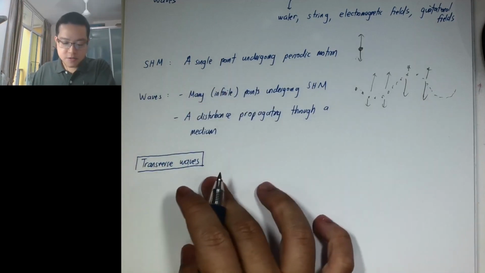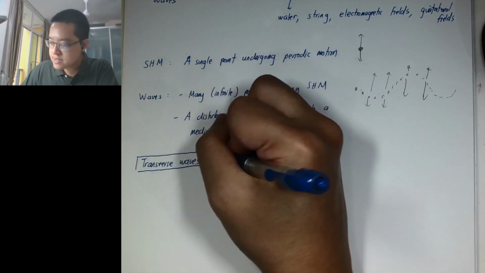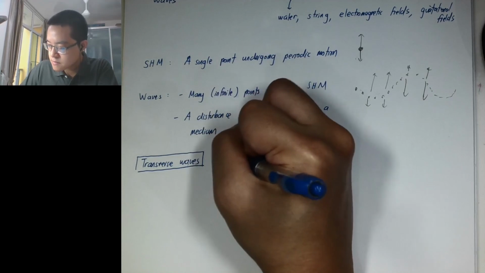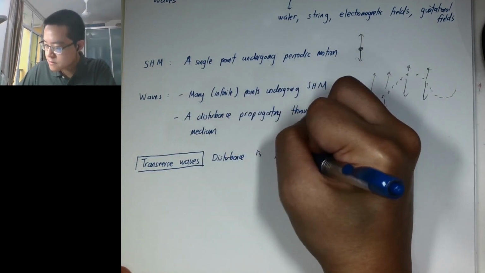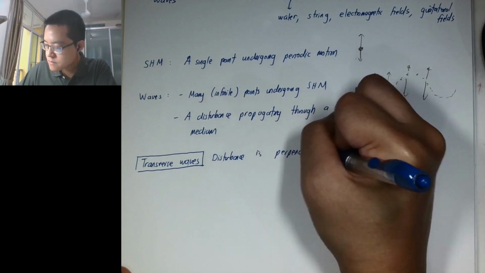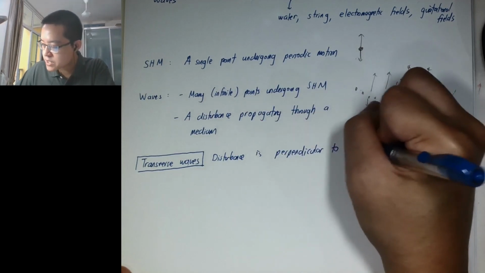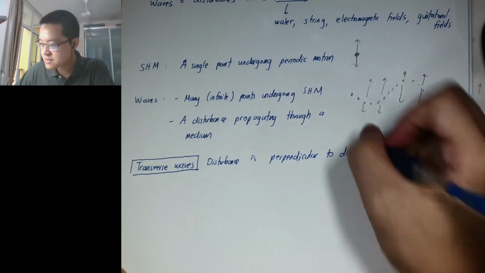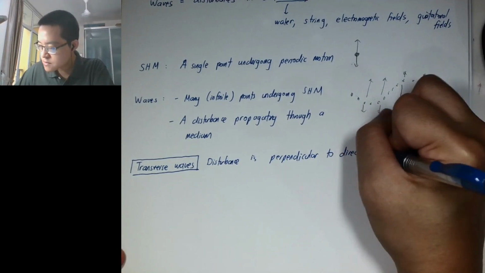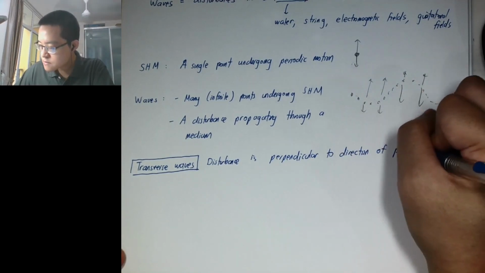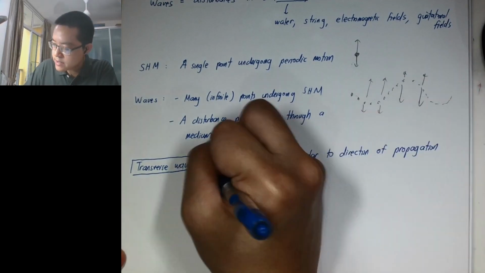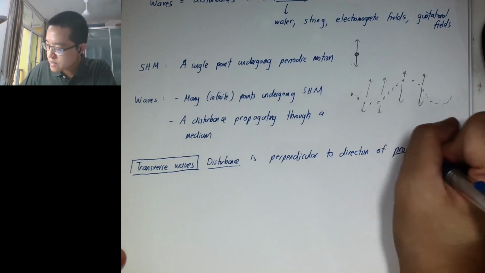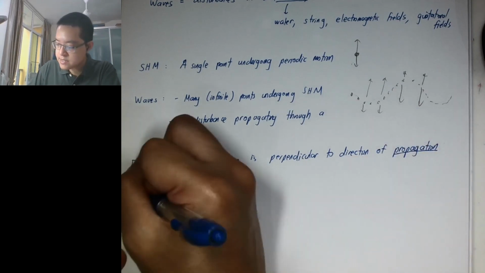Transverse wave is where the disturbance is perpendicular to the direction of propagation. So I will explain what this means. Let me write it out first. Okay, so my disturbance is perpendicular to the direction of propagation.